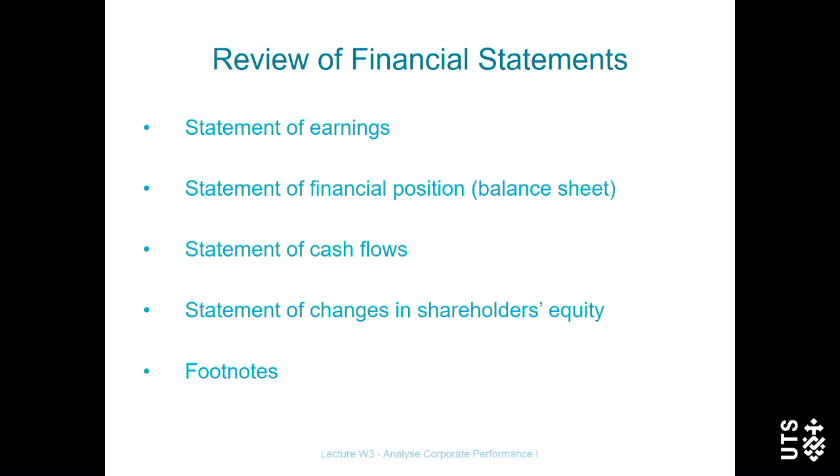The statement of earnings or income statement, the financial position or balance sheet, and the footnotes. Footnotes are usually not read in great detail, but that is where you get all those little stars. When you don't understand something in the financial statements, there's usually a little number there that, if you follow it, leads to a footnote that gives you additional detail.